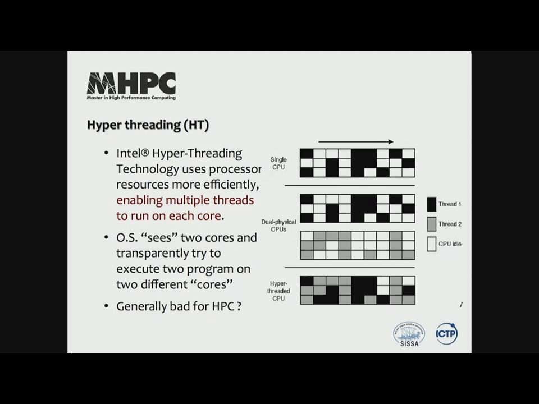And so when you have dual physical CPUs, you have a thread on one CPU and a thread on a second CPU. The idea here is, due to the fact that we have these holes, when this one is not working, we can feed it with the instructions of a separate thread.